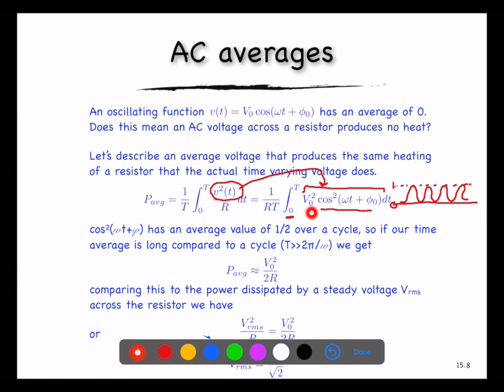And so its average value over many cycles is exactly 1/2. So this cosine squared is going to average out to 1/2. The V naught squared is a constant and comes outside the integral. And so we end up with V naught squared over 2R as our average power dissipated by a resistor with an alternating voltage source.